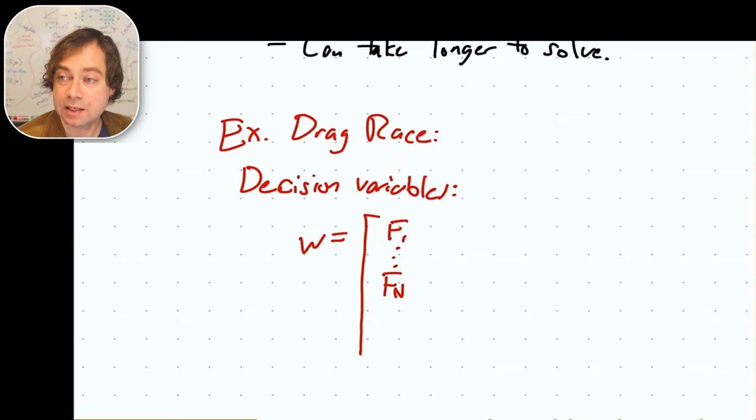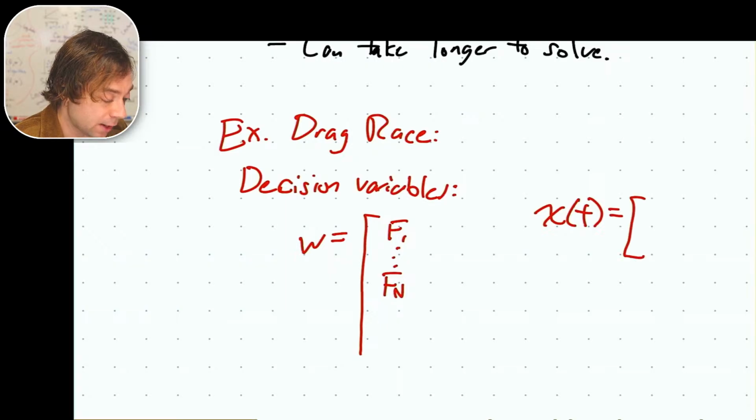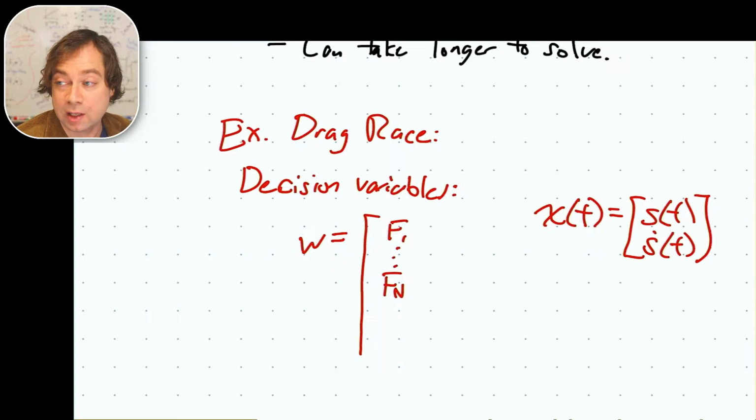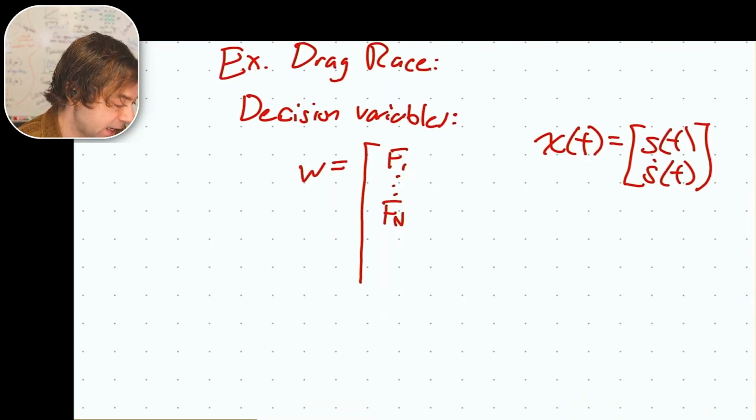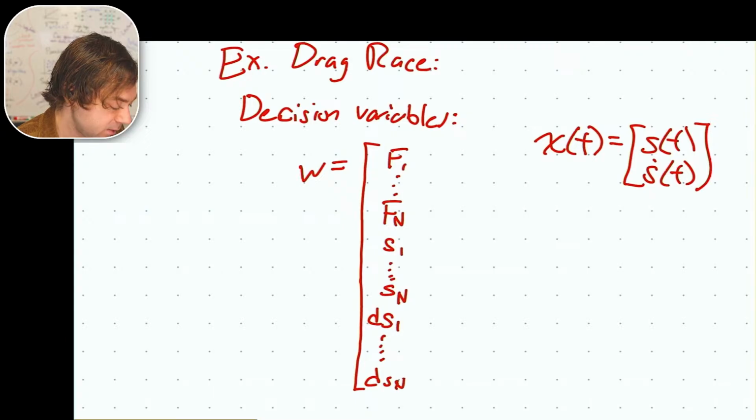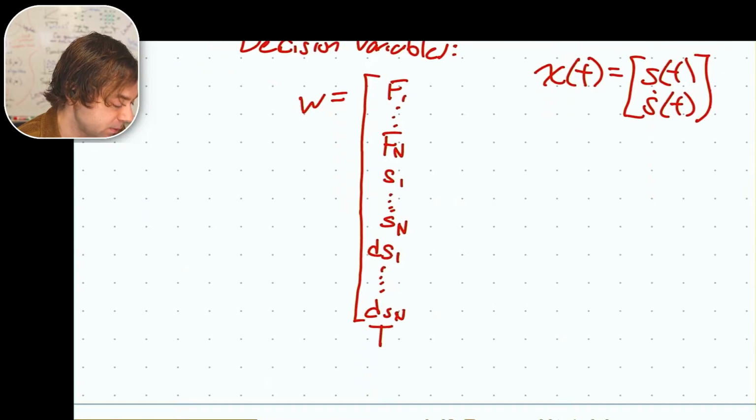We're also going to need variables for all of our states, x of t. Recall that our state vector x of t for our drag race problem has our displacement s of t and s dot of t, our position and velocity. That means we're going to have s1 through sn, and ds1 through dsn. And we also had a final time t.